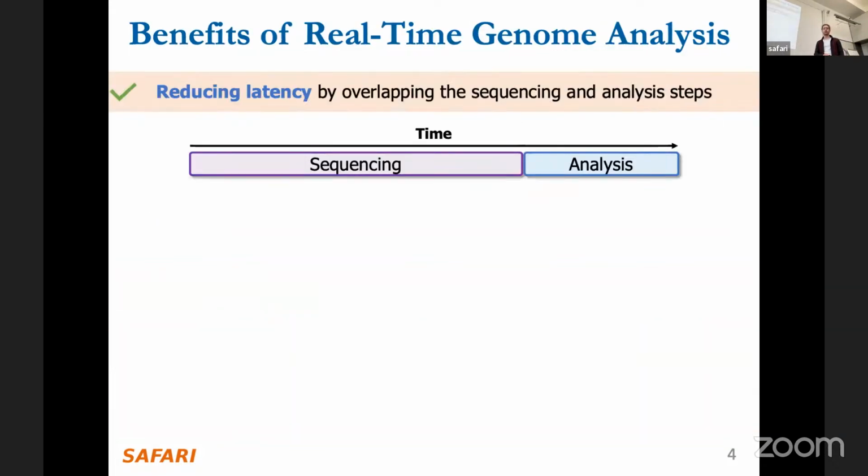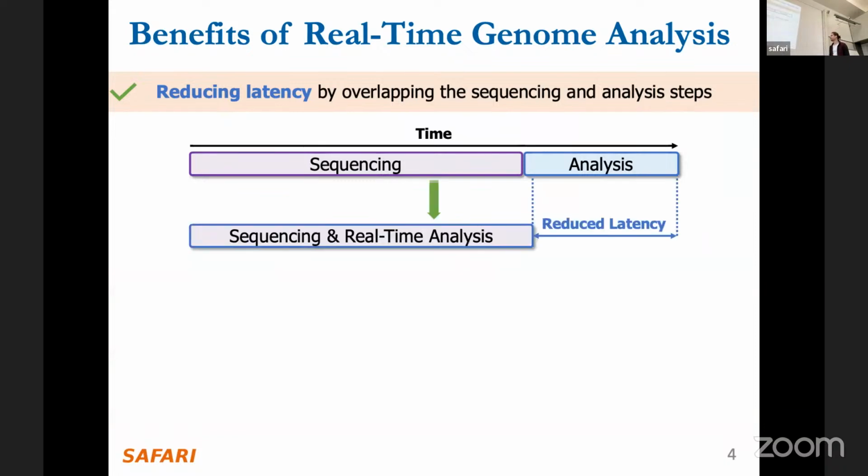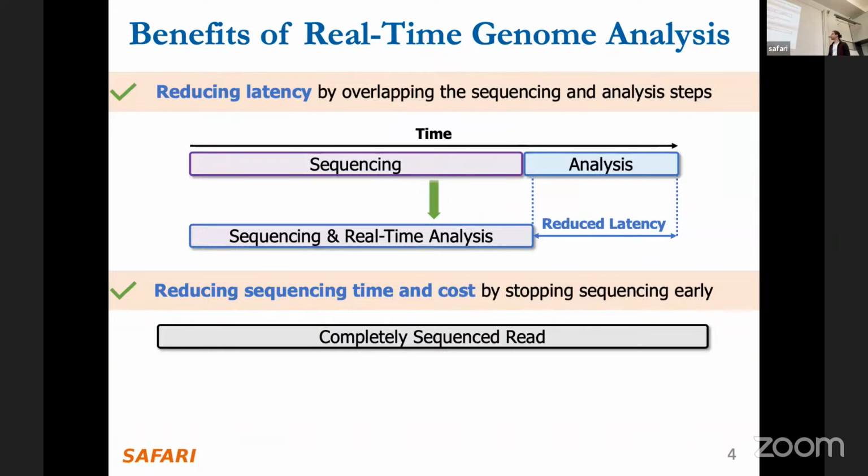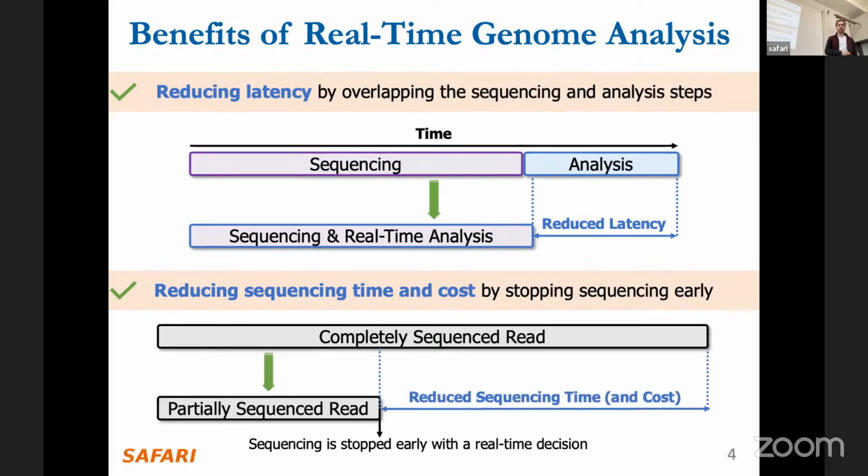If you can do that, then the overall latency of your sequencing process can be reduced, but you can also reduce both the overall sequencing time and the sequencing cost because of these real-time decisions that improve how much useful sequencing time you get out of your pores.